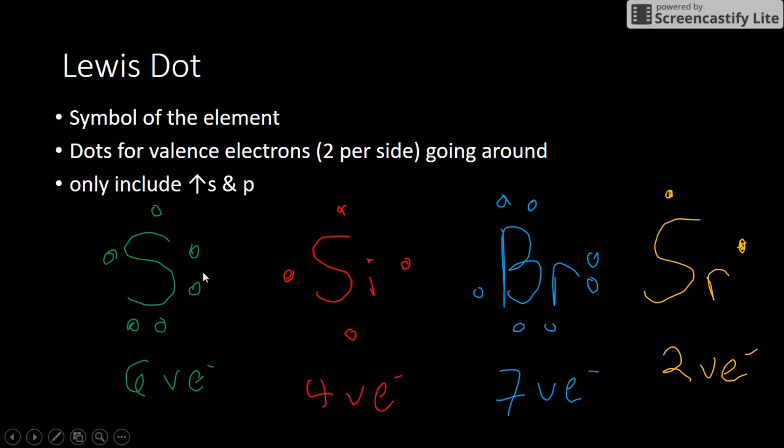It doesn't truly matter at this stage how you go around it, but you want to show that this has 6 valence electrons and 2 sets are paired in this case. Silicon has 4 valence electrons. So you put the symbol in the middle and 1 electron on each side represented by a dot. Bromine has 7 valence electrons. It's a halogen, in group 17, so you're going to have 1, 2, 3, 4, 5, 6, 7. And then strontium has 2 valence electrons, not paired or anything.